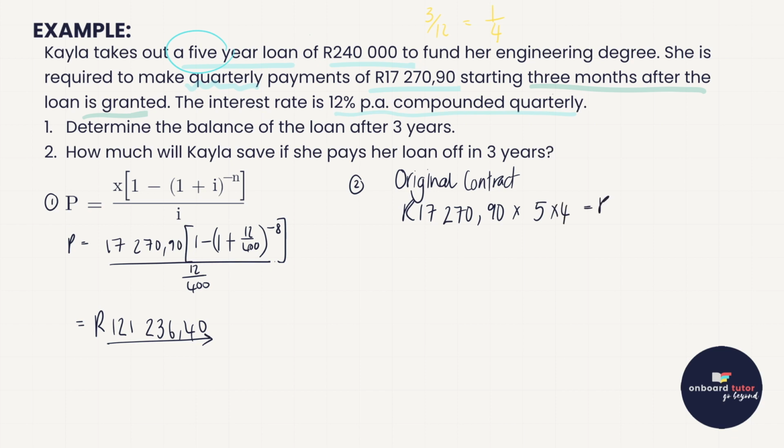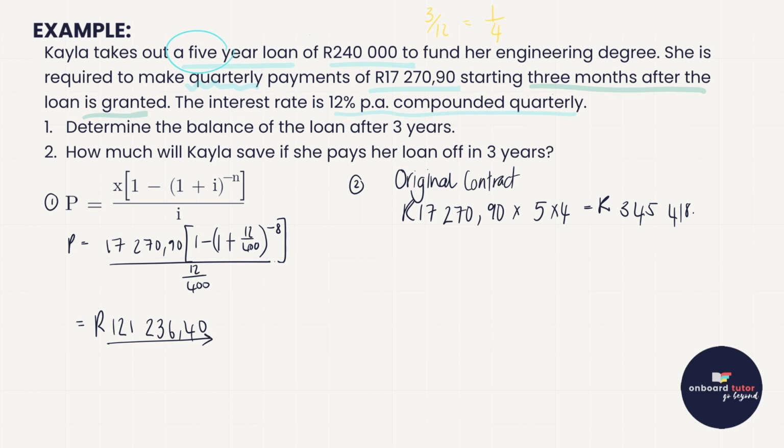Let's work that amount out. That gives us an amount of 345,418 Rand. Lots more than what she borrowed, huh? That's more than 100,000 Rand that just goes to interest.